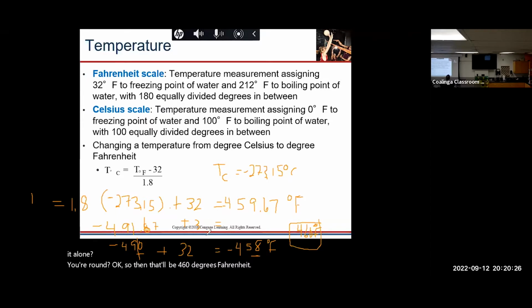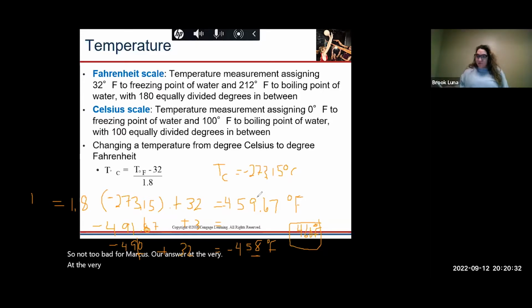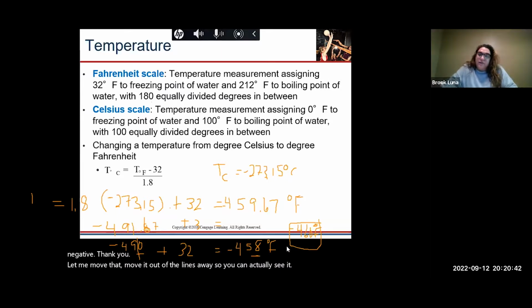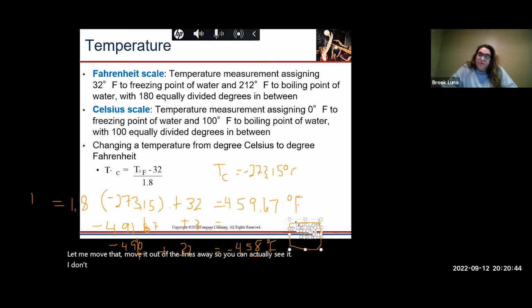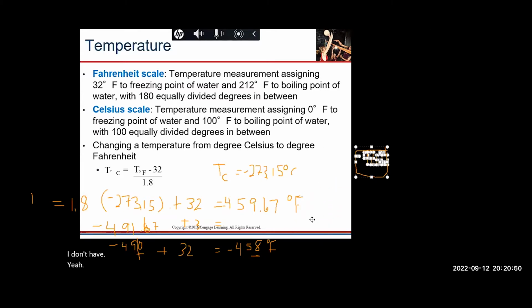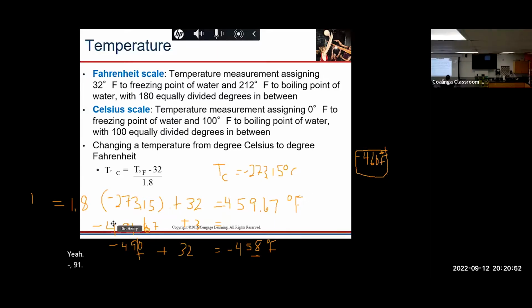Okay, so not too bad from our answer at the very top. It would still be negative. Can you repeat how you got negative 491? How did I get 491.67?